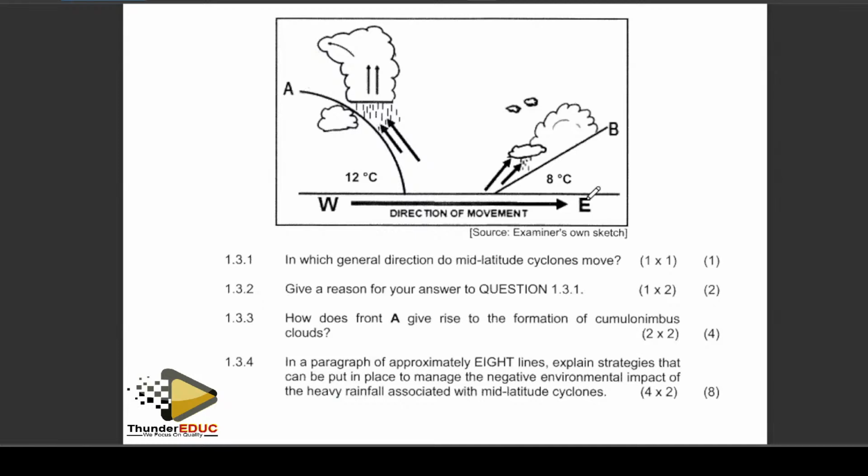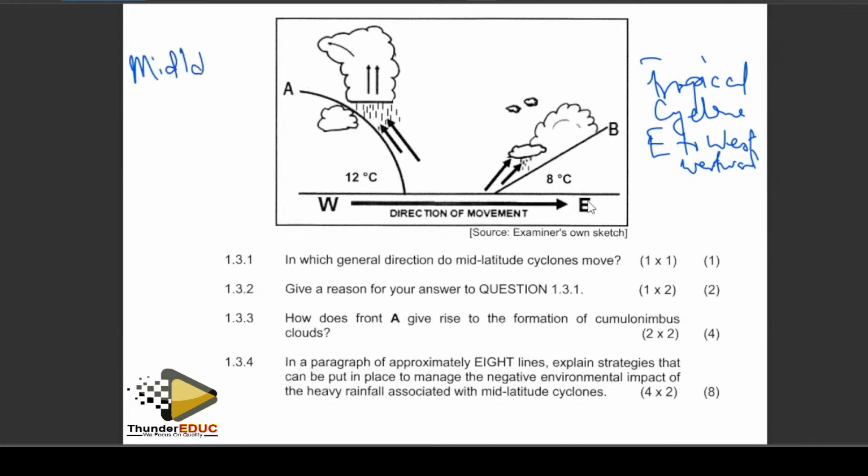A tropical cyclone moves from east to west, or it moves westwards. That is a tropical, but that is not our question. Just for clarity, a tropical cyclone is from east to west or westwards. But a mid-latitude cyclone, this one in the question, is from west to east or is eastwards.